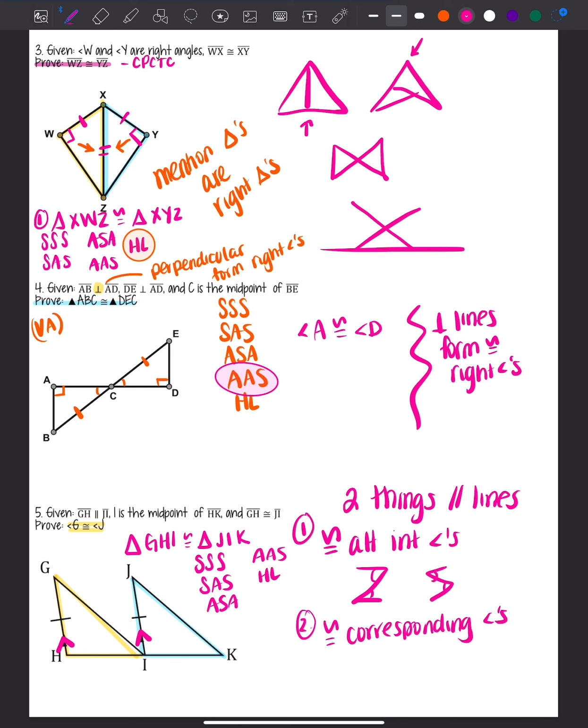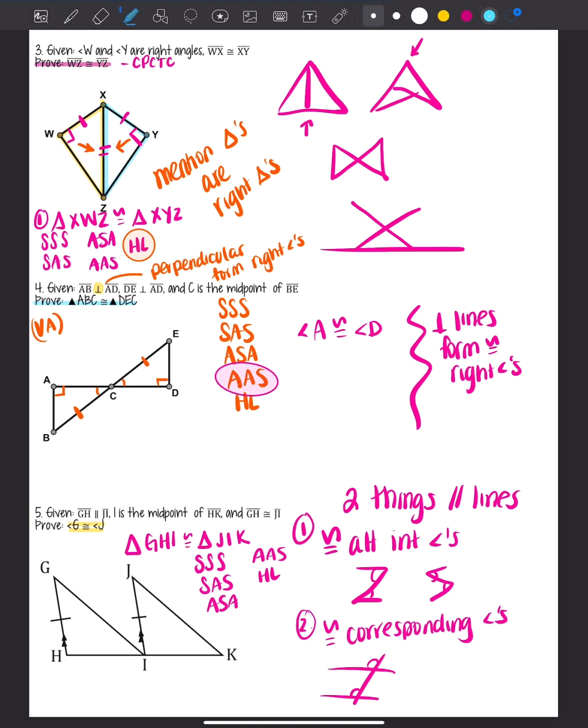So what does that look like? Whatever the case may be, we have some kind of transversal, and we have the two angles that are on the same side of the transversal in the same spot. So let's take a look at this example, and I'm going to erase the markings because I really want you to see what's going on here.